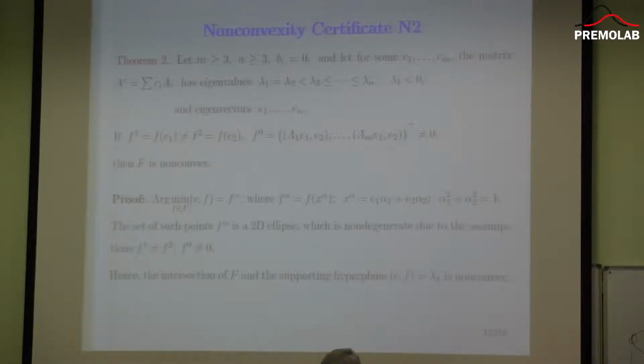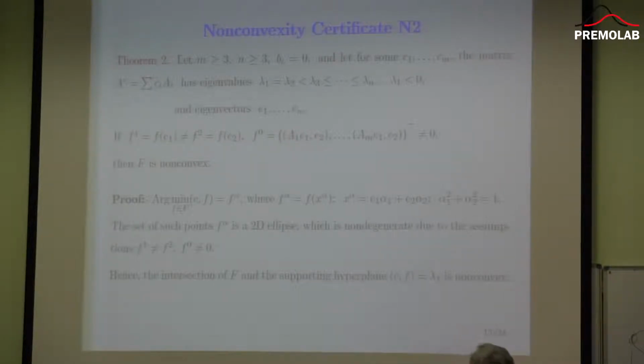And these assumptions, which I said, are just to guarantee that our ellipse is not degenerate, that it's indeed an ellipse and not a straight line.